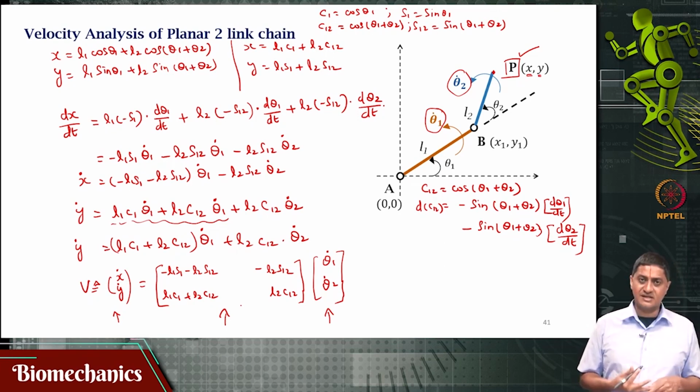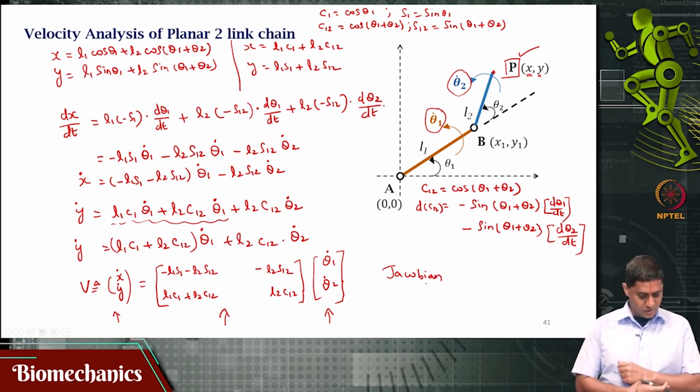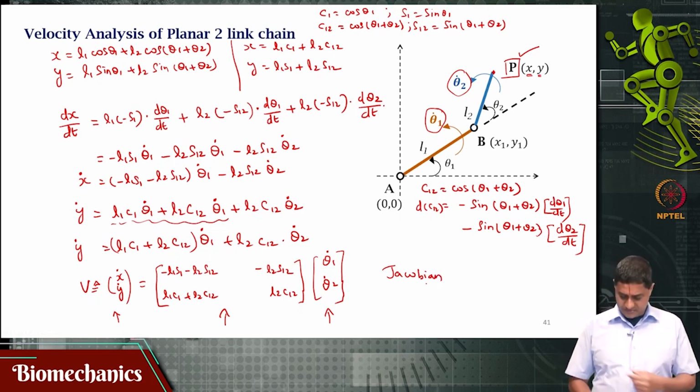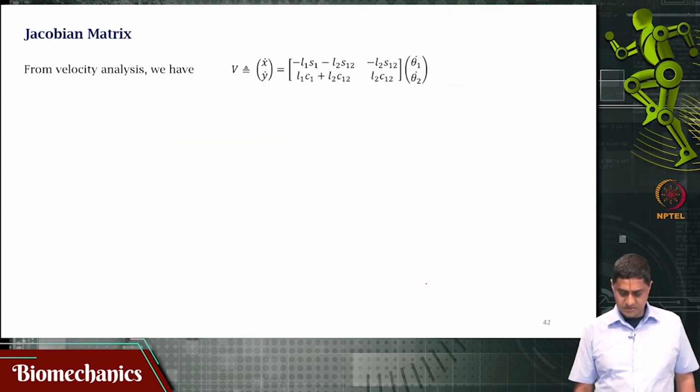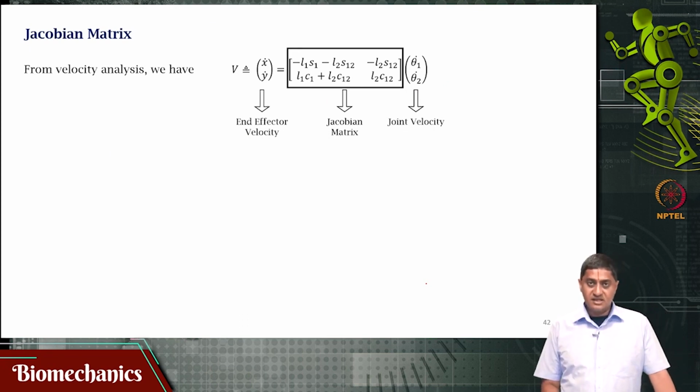This matrix is called a Jacobian. Let us move on. So, this is the situation one more time. In this, x dot y dot is the end effector velocity, theta 1 dot, theta 2 dot is the joint velocity.